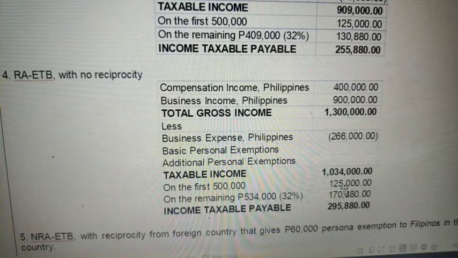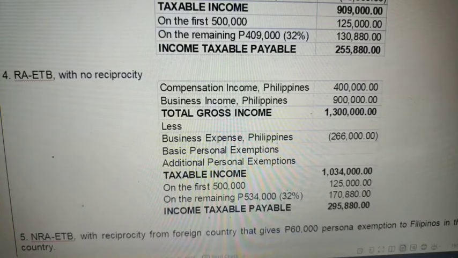So ang nakuha niyang tax is 125,000 immediately. And then, from the remaining 534,000, i-multiply mo siya ng 32%. Ang kanyang tax is 170,880. With the 125,000, it is 295,880, which is the income tax payable to be paid to the BIR.